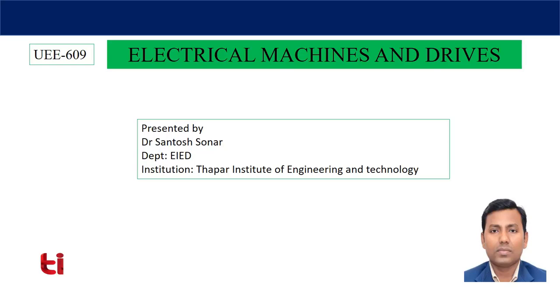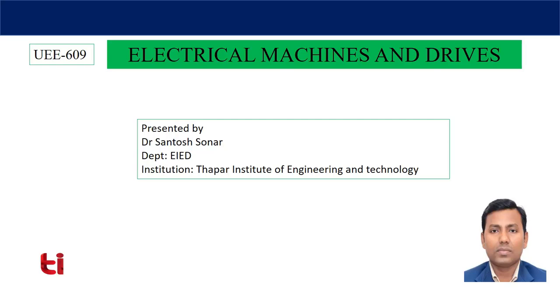If the input voltage is AC, then to run that motor, AC is to be converted to DC. Now AC can be converted to DC using controlled or uncontrolled rectifier.